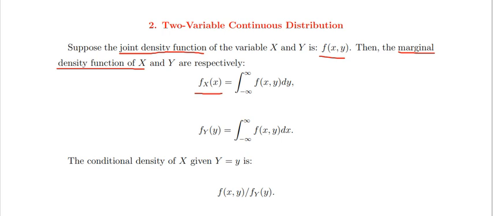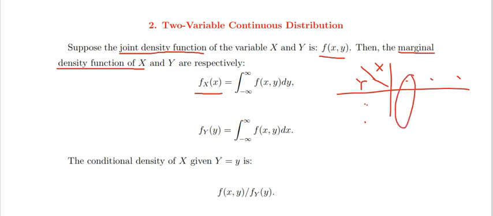Let's review the discrete situation for x, y before. X can be this number, this number, this number, and y can be this number, this number. So for the probability of x, for a given x, we just add those y. This is just the marginal distribution or marginal density function.